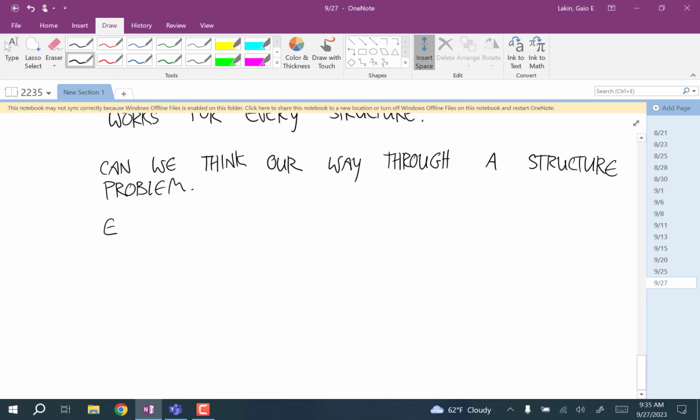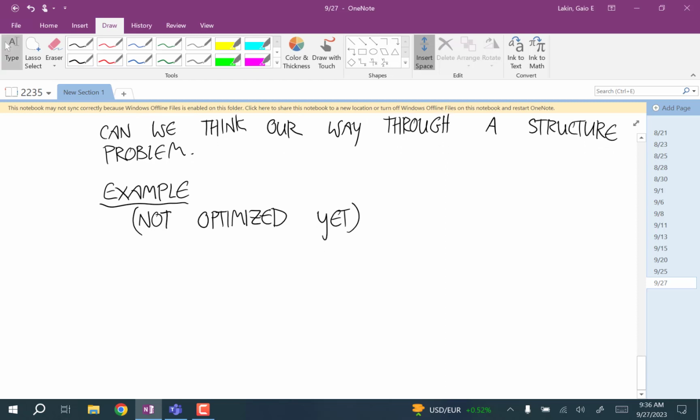So here's an example of doing that. And I just want to point out this isn't optimized yet. So once we do this, I'm going to give you an optimized set of steps. So when you see this in your notes, like when you're working on structures later and you go back to your notes, don't use this method that's not optimized yet. It just adds a lot of variables you don't need.